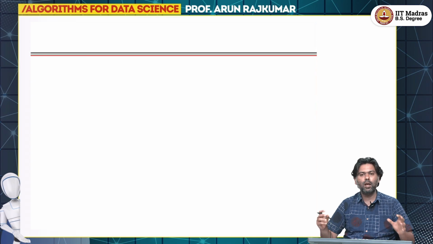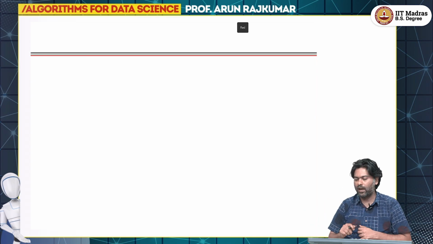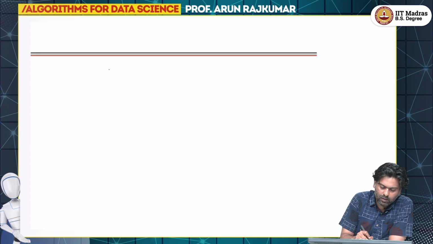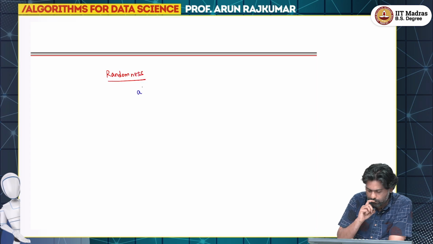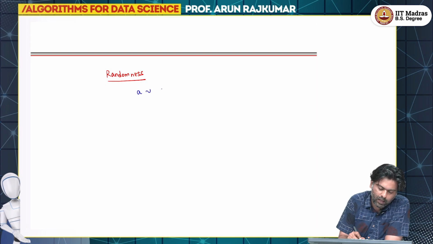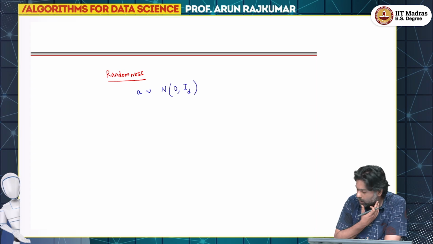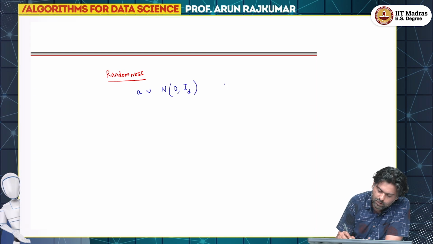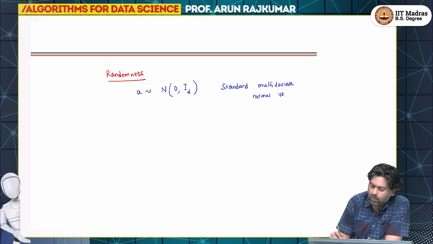For that I need to define how I am going to pick a function at random from this bag, and randomness is defined as follows. This is where JL helps, or at least the intuition from JL helps. I am going to pick a as a standard Gaussian in d dimensions, a standard multivariate normal random variable.